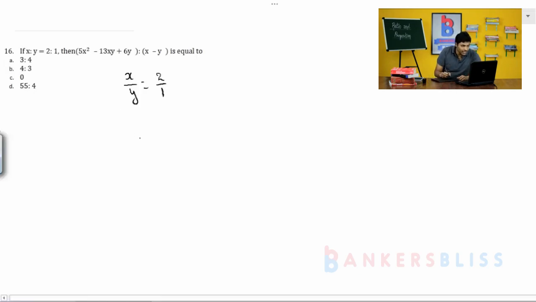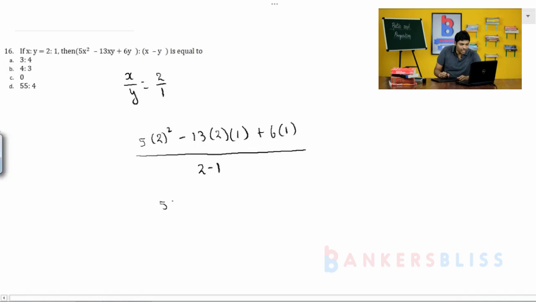See here, 5x square: 5 into 2 square, minus 13 into 2 into 1, plus 6 into 1, divided by x minus y, that is 2 minus 1. So 5 into 2 square, 4, minus 13 2s are 26, plus 6, divided by 2 minus 1, which is 1.